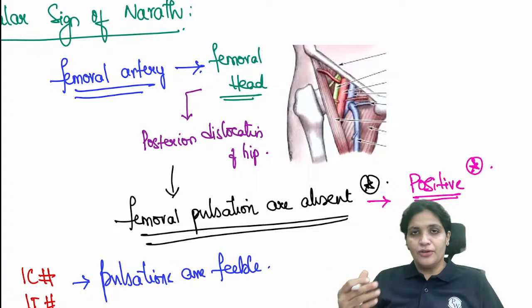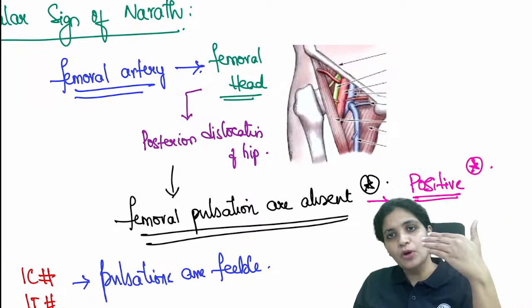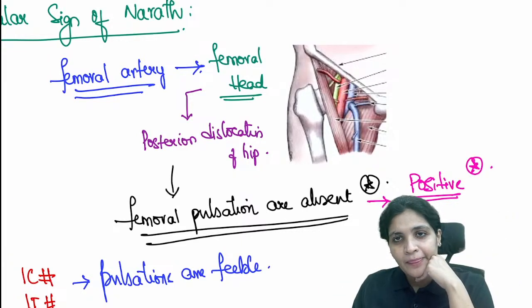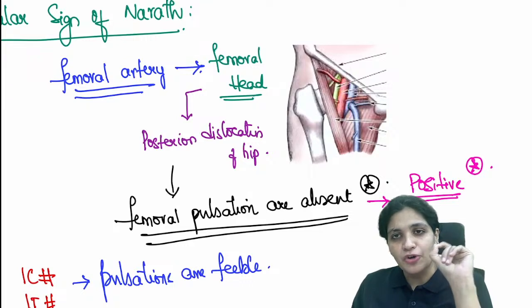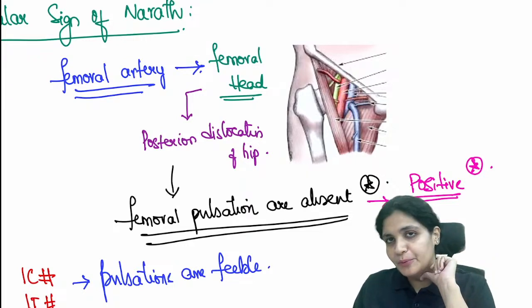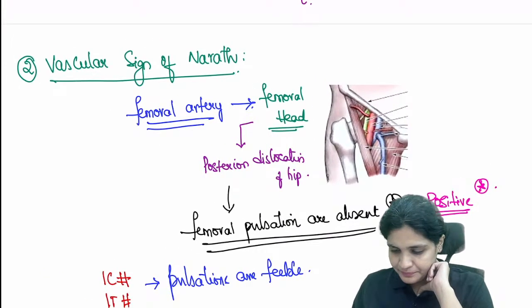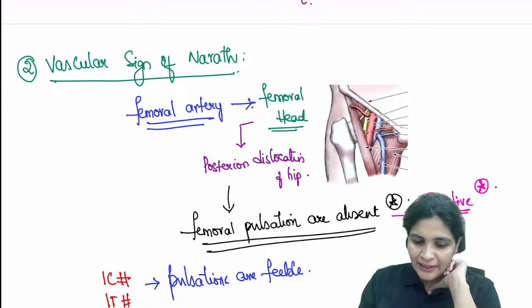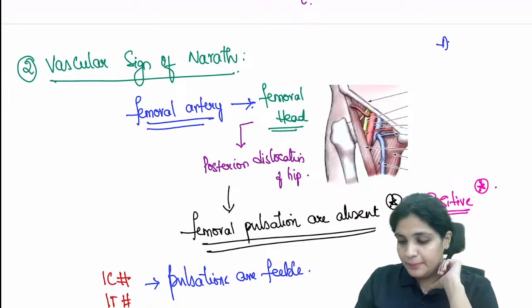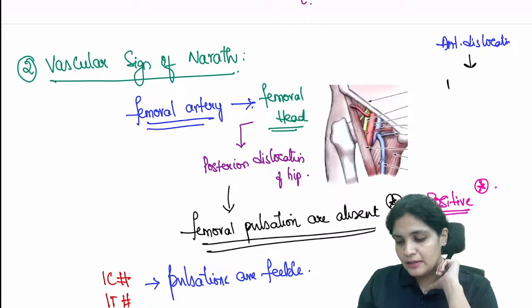In anterior dislocation of the hip, actually the head comes more prominent, right? So if the femoral artery is not disturbed, you can still feel the femoral artery. So that is why in anterior dislocation of the hip, the most common injury you see is femoral artery injury.